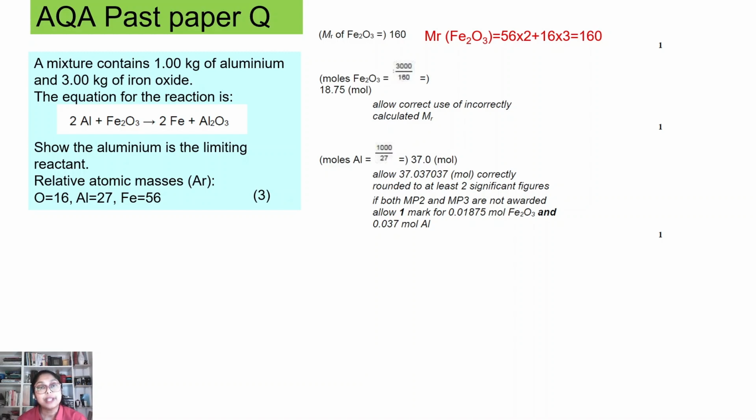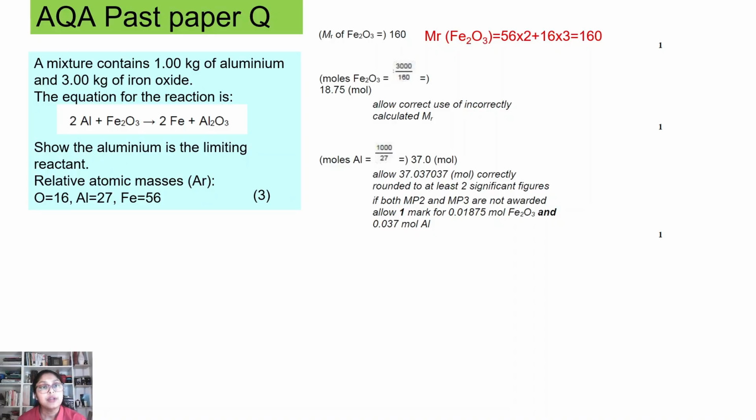So let's calculate. If you're not sure how to calculate the Mr, or relative formula mass, then go back to my previous videos on the playlist of moles calculation, and I'm going to explain this here as well. In iron oxide, we have 2 atoms of iron and 3 atoms of oxygen. What we're going to do is multiply the number of atoms by the relative atomic mass.